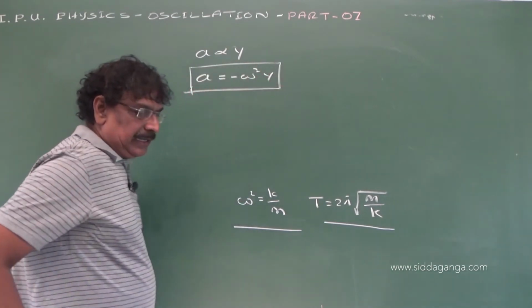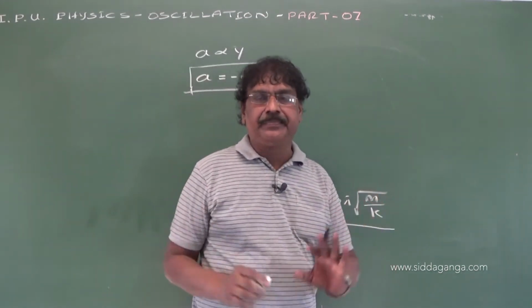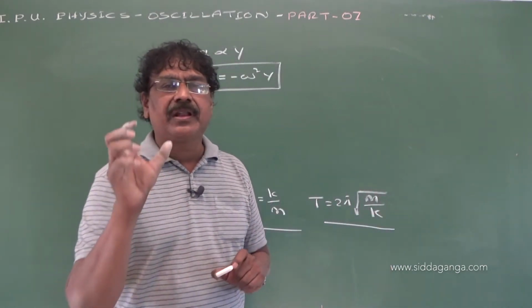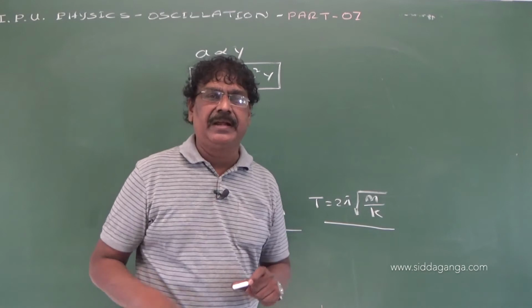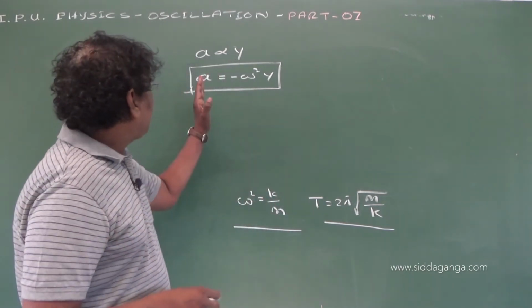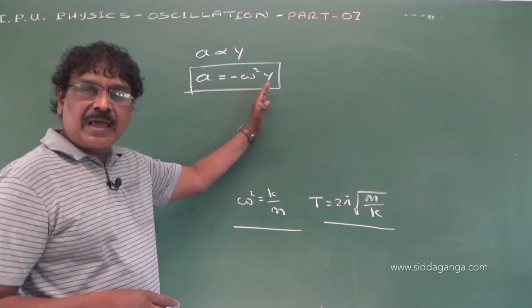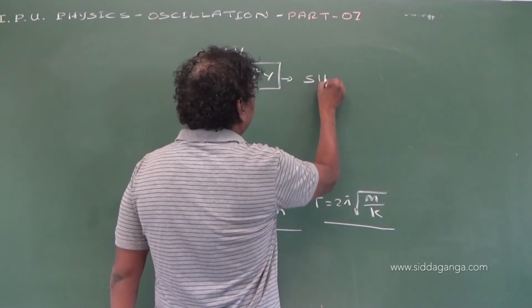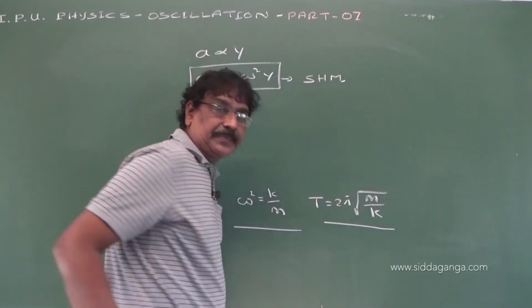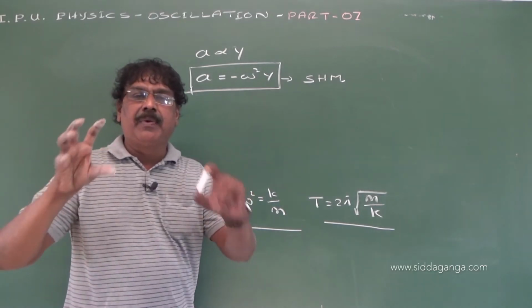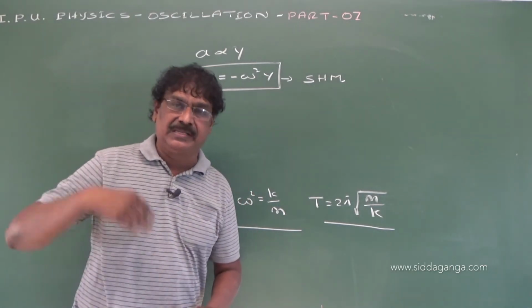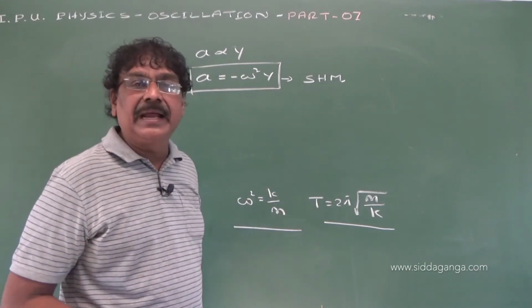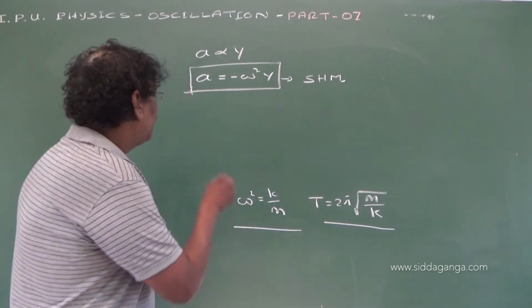When we are observing a motion, whatever it may be, if the acceleration comes out to be a equal to minus omega square y, then it is definitely a simple harmonic motion. So when a particle has an acceleration given by a equal to minus omega square y, then it is a simple harmonic motion.